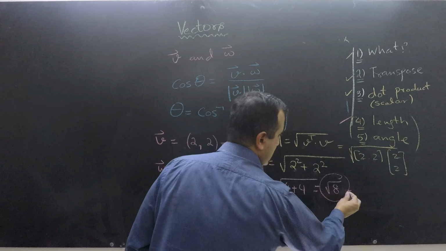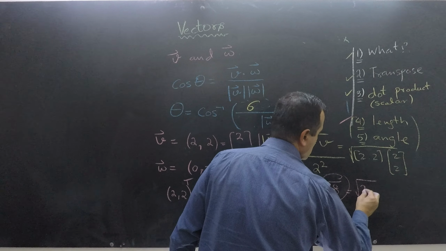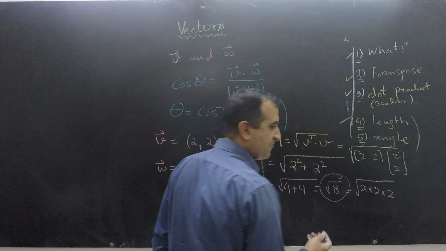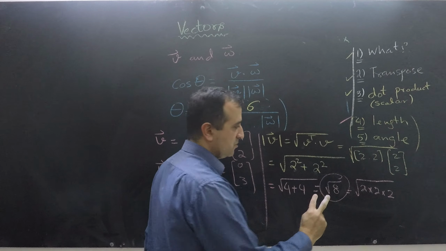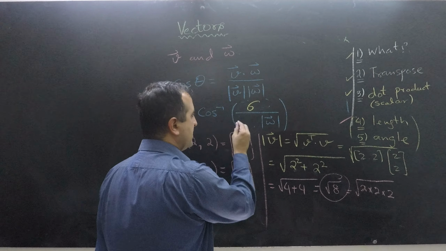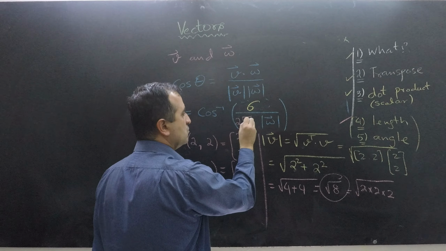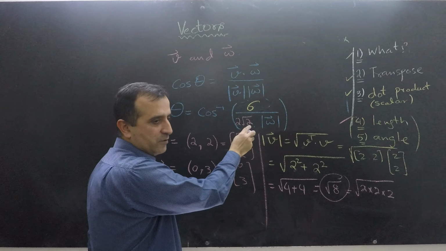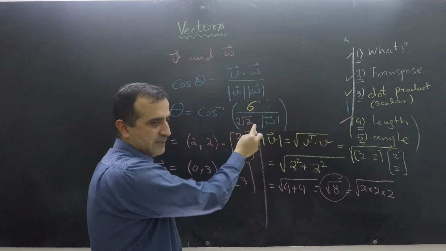It is like 2 times 2 times 2. And in the square root, anything which appears twice can come out. So one 2 can come out once. So I can write here 2 and square root of 2, which is 2 root 2. Because when we go inside, it becomes 4, and 4 times 2 is 8. So this is my first one.